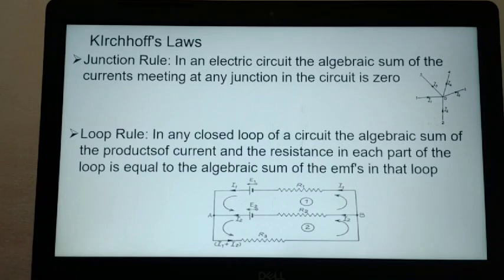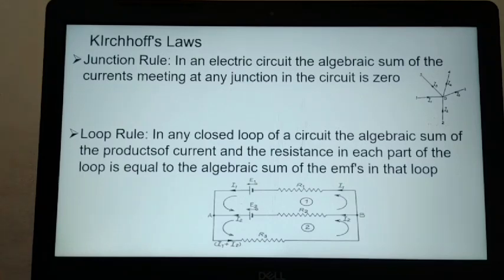Kirchhoff's loop rule or second Kirchhoff's law is defined as, in any closed loop of a circuit, the algebraic sum of the product of current and the resistance in each part of the loop is equal to the algebraic sum of the EMFs in that loop.